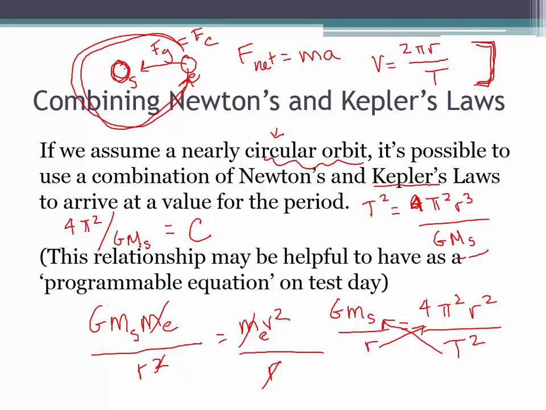But it doesn't always have to be the sun. This could be the Earth, and this could be a moon or something, or this could be Jupiter, and this could be a moon. Whatever the case may be, this is how you would arrive at your C constant if you're looking at 2 different things being in orbit, as opposed to like the planet and the sun.